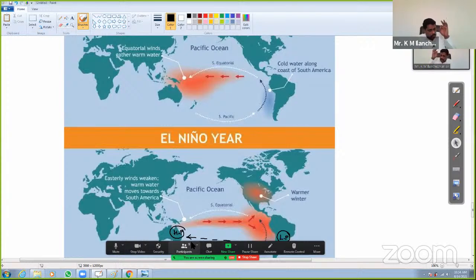I repeat, the cold Peruvian current being replaced by warm waters sourced from the Australian coast is known as El Nino.